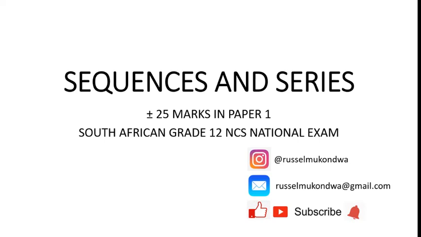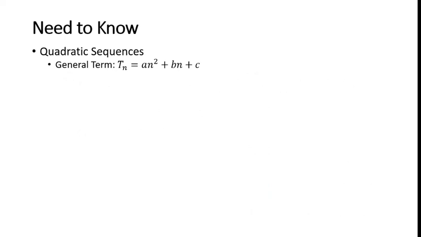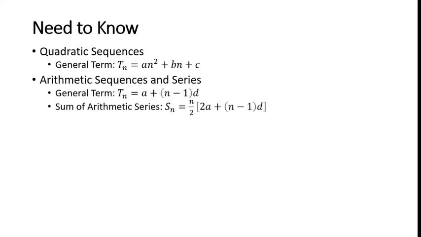So let's quickly get to the things that you need to know. You need to know how to work with quadratic sequences, how to work with the general term, which is a quadratic term. You need to know how to work with arithmetic sequences and series, so the general term, and how to use the formula for the sum of an arithmetic series.